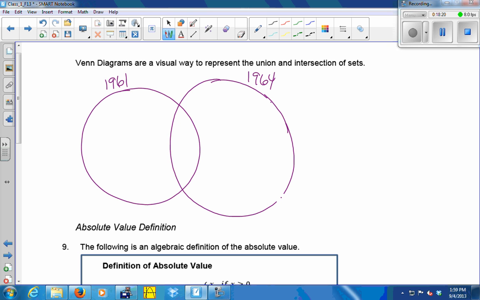The intersection. We would have John Lennon, Paul McCartney, George Harrison. And then what members were just in 1961? Yeah, Stewart something and Pete Best. And then what member was strictly in 1964? Ringo Starr.